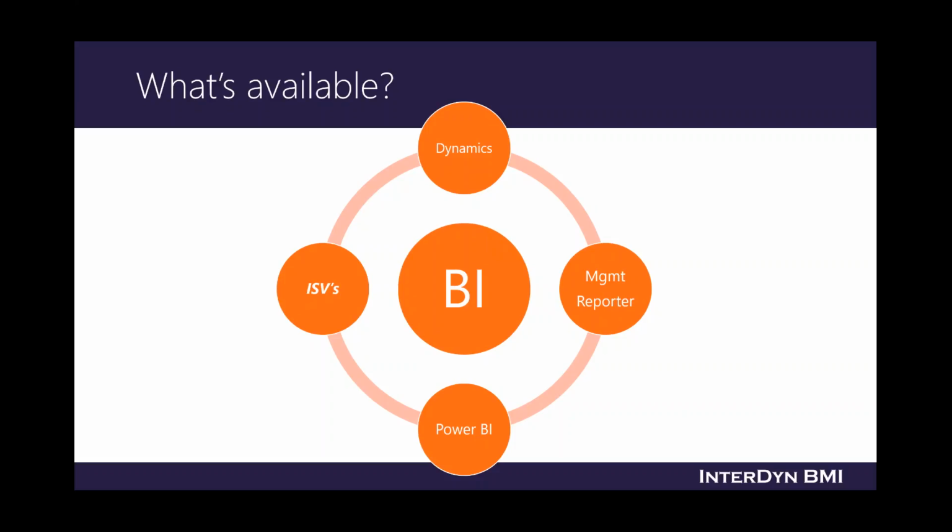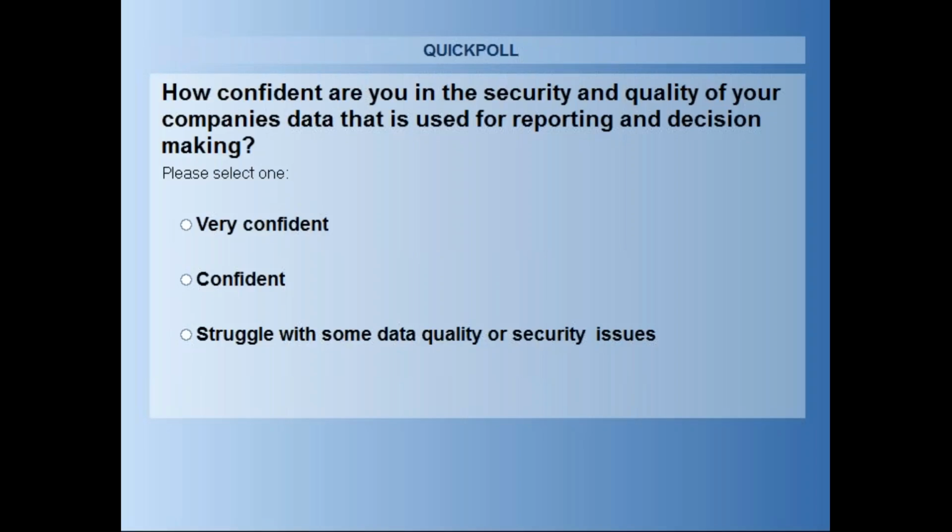Well, why don't we do that first one? Okay. All right, so you should see a question popping up on your screen here. It is, how confident are you in the security and quality of your company's data that is used for reporting and decision making? Very confident, confident, struggle with some data quality or security issues.